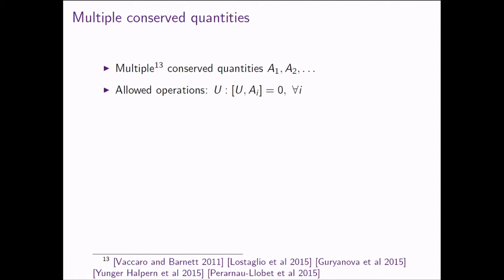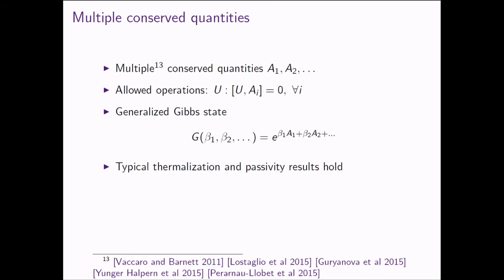What we say now is, okay, so now we have these other observables, and our unitary also needs to commute with them, so it cannot add any momentum or any of these other things. So what do we get from here? Well, we get essentially most of the same results, but now for a different kind of Gibbs state, a generalized Gibbs state, where you have a different effective temperature for each of these observables.